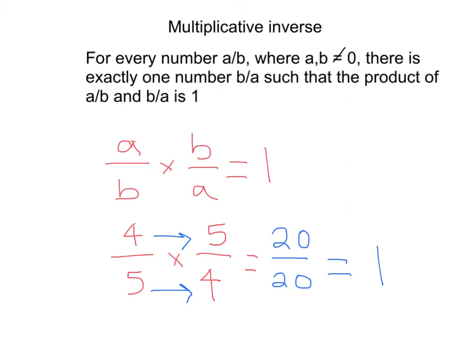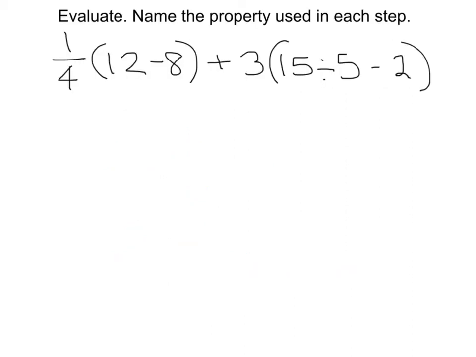Let's take a look at this example. This example has a lot of steps, and so I'm going to be using some abbreviation and be writing as small as I can so that I can show you everything that I'm doing. So let's look at the problem. It says 1/4 times (12 minus 8) plus 3 times (15 divided by 5 minus 2). So we first want to start out looking at our parentheses, and we're going to start out with the 12 minus 8.